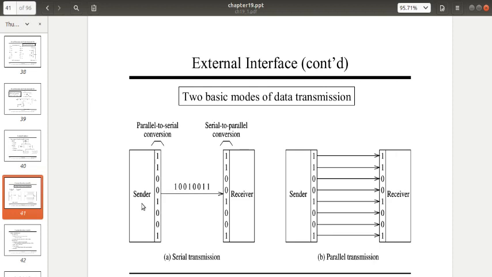So when you are using serial communication, you have to convert that parallel data to serial. For that you use parallel to serial conversion. Usually shift registers are used. Again, at the receiver side, the reverse has to be done. You have to convert the serial data to parallel data.